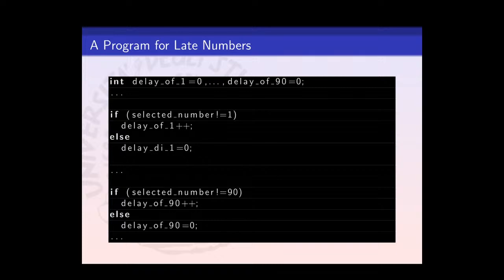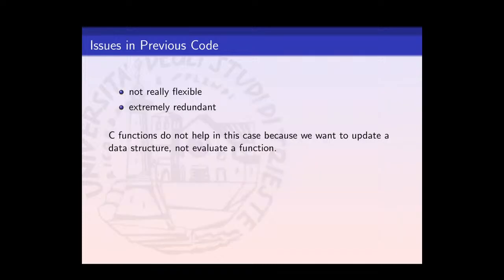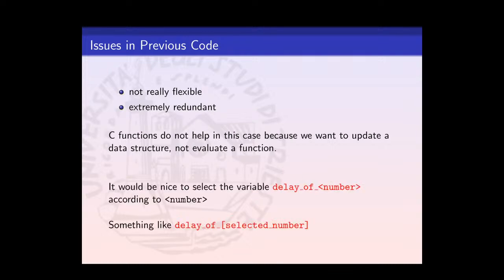So by using functions, at least for the moment, we are not able to do it. So what we really want is something that allows us to abstract the notion of delay of. We would love to have something like delay of and the number as a parameter.